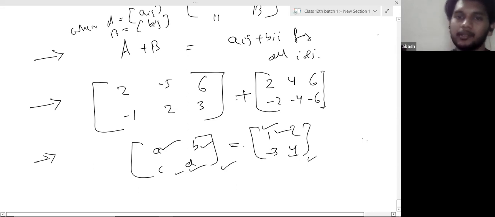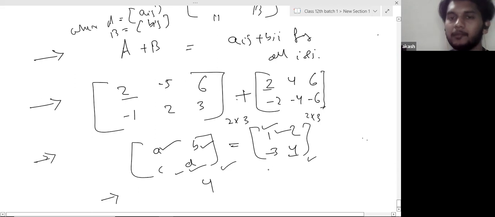We just started addition of matrices. If you have to add two matrices, first you have to check that the order is the same. Then add the corresponding elements. So the answer will be 2 plus 2 is 4, minus 5 plus 4 is minus 1, 6 plus 6 is 12, minus 1 minus 2 is minus 3, 2 minus 4 is minus 2, 3 minus 6 is minus 3.